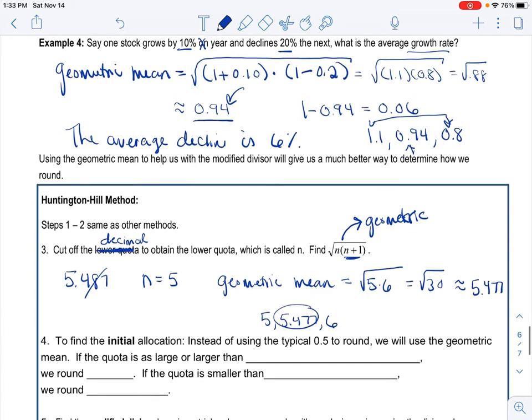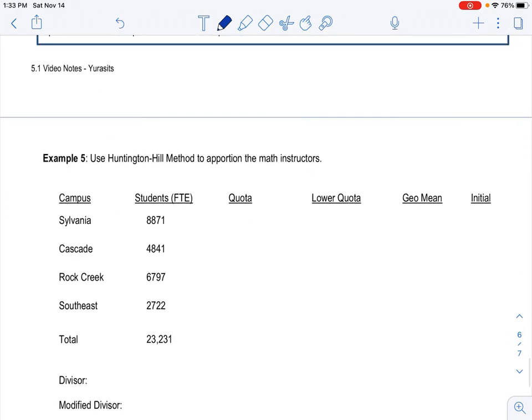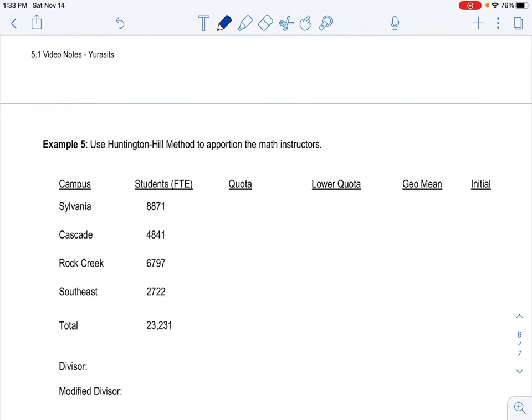And so let's stop there for a second and just go back to our nifty chart that we've been using this whole time. Once again, I'm just going to fill out a bunch of things we found over and over again. Our divisor is 16.24 remaining.